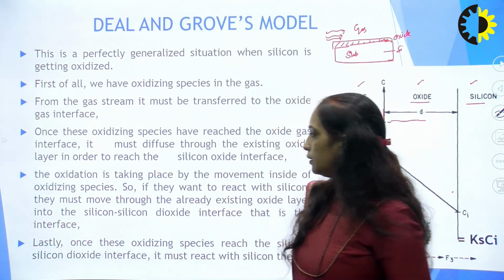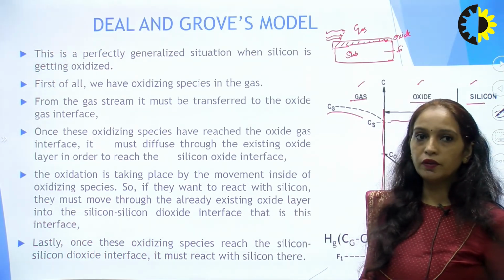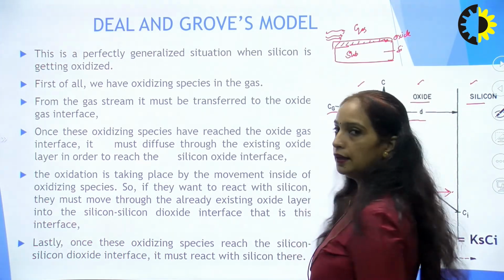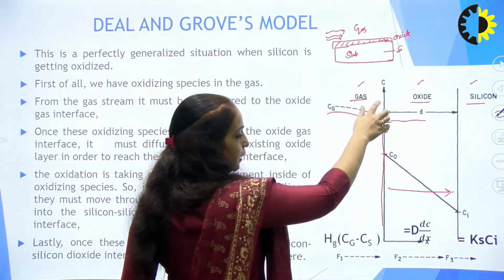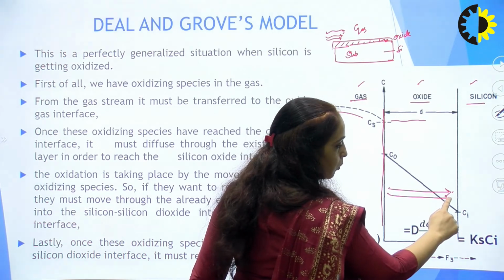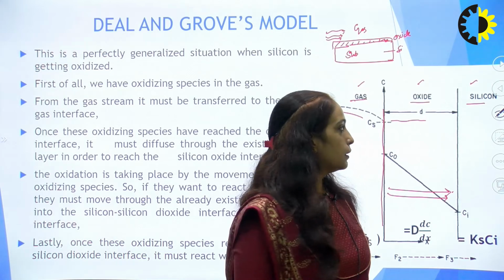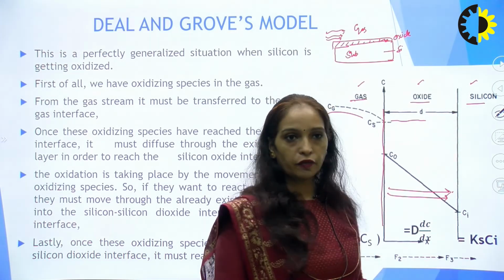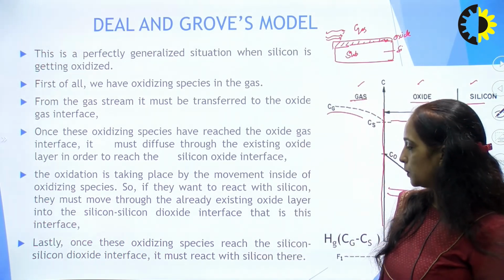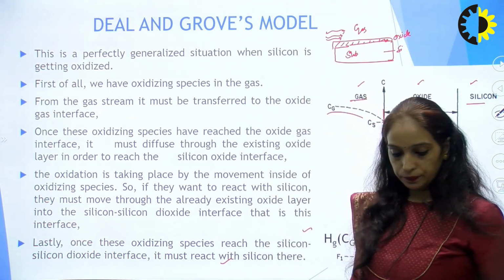If they want to react with the silicon, they must move through the oxide layer towards the silicon, and they will combine at the silicon and silicon dioxide interface, and finally your oxidation will take place. Lastly, once the oxidizing species reaches the silicon dioxide interface, it must react with the silicon.